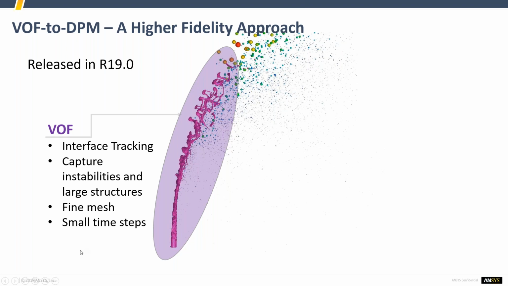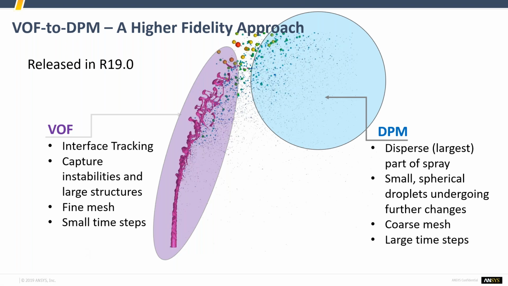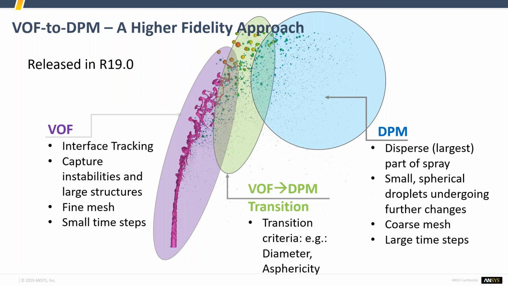And then we have a region here where we can actually use the DPM approach and use a much coarser mesh and larger time steps to use less computational power. And then we have a region here where we have a transition from VOF to DPM, and this is now implemented into Fluent, dependent on some diameter criteria that you're specifying and sphericity.